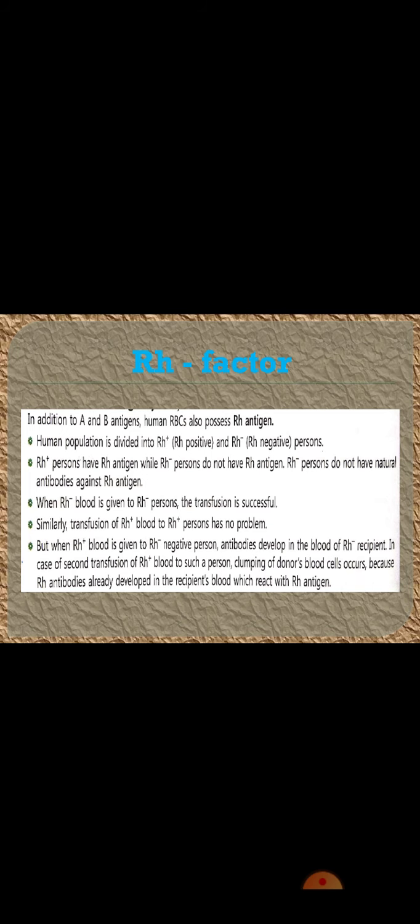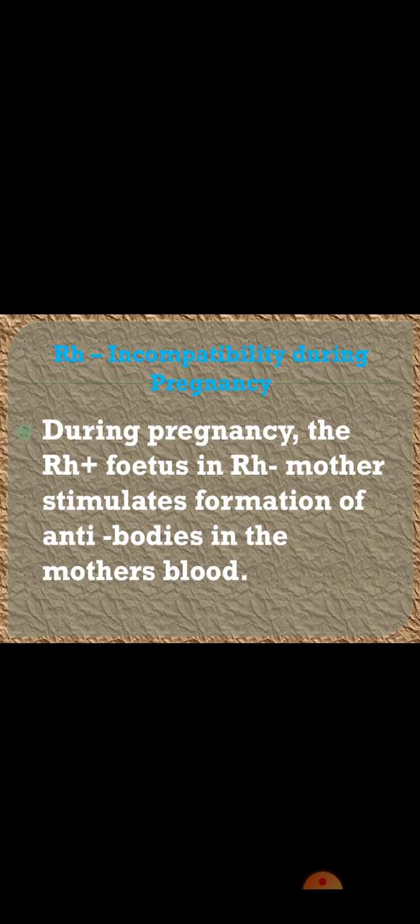Clear? There is a last compatibility factor for the pregnant lady, which is Rh incompatibility during pregnancy. And what happens in this case? During pregnancy, the Rh positive fetus in an Rh negative mother stimulates the formation of antibodies in the mother's blood. During the first pregnancy, enough antibodies are not produced to harm the fetus.